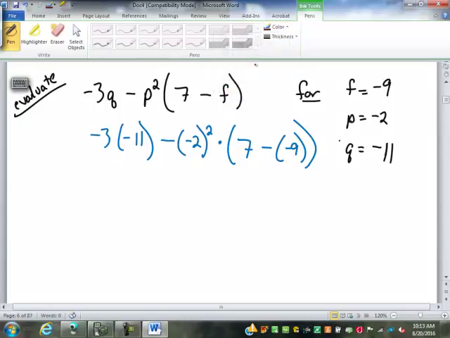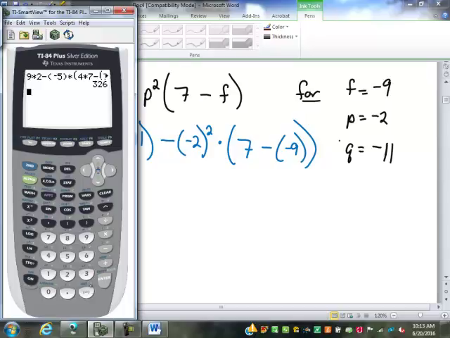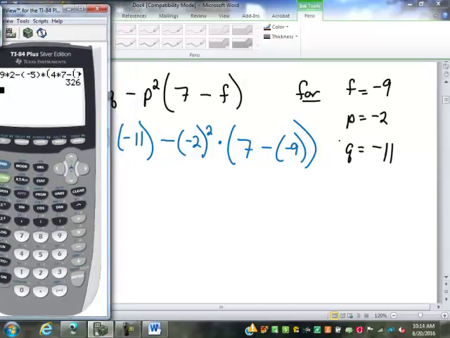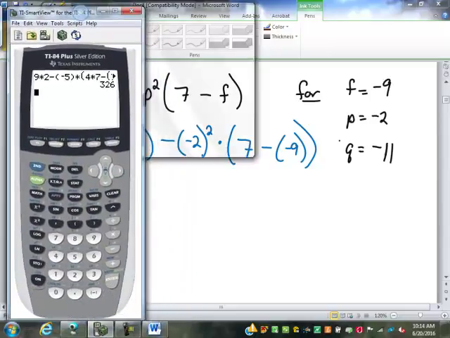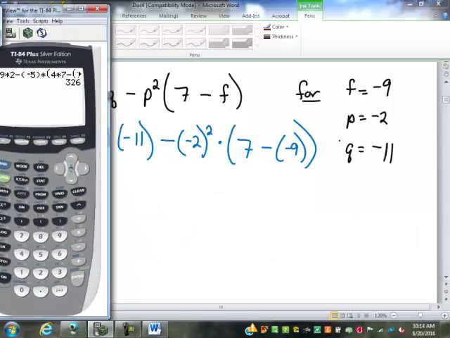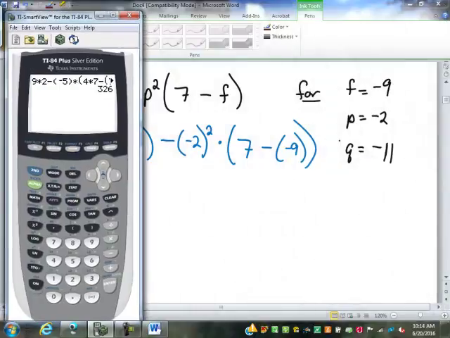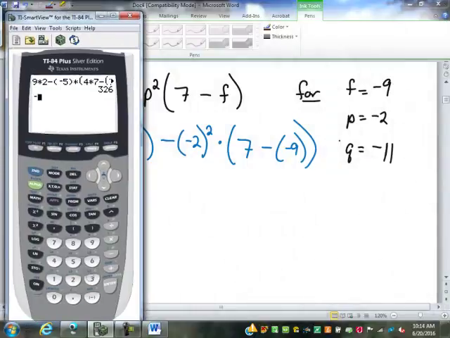Now at this point, we could just enter it in the calculator. So -3 times, I'll put in the parentheses, -11, close parentheses, minus, then in parentheses, the -2, close parentheses, squared.